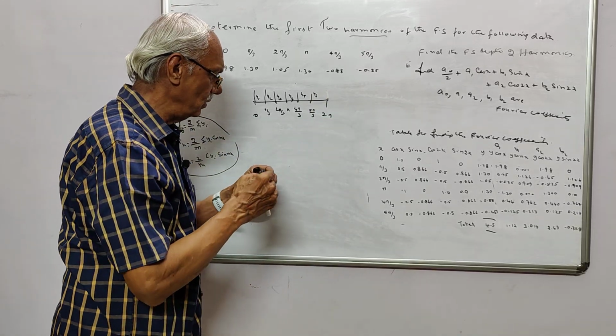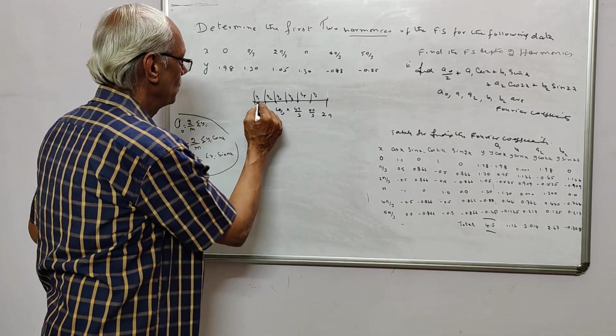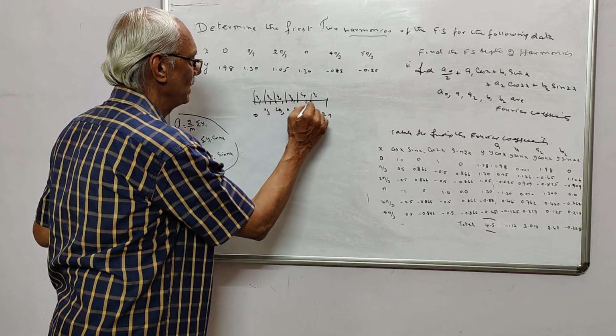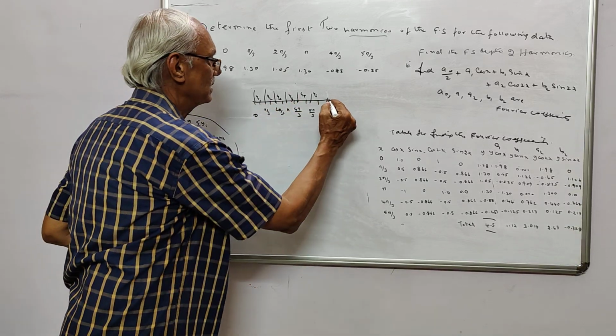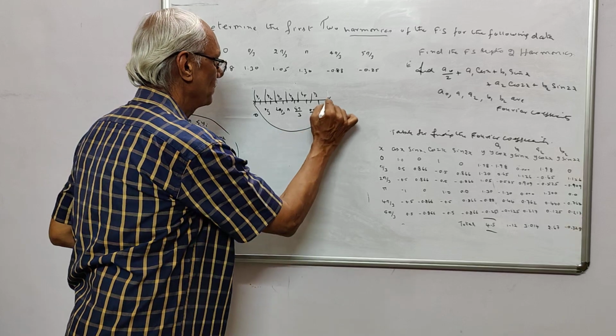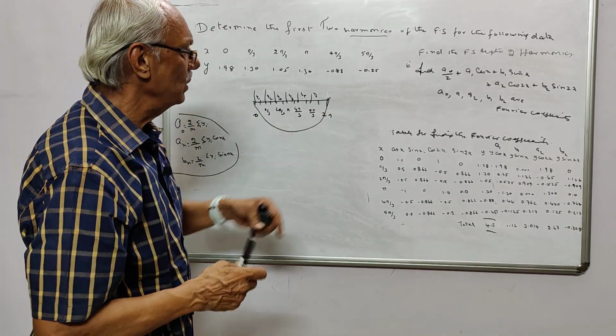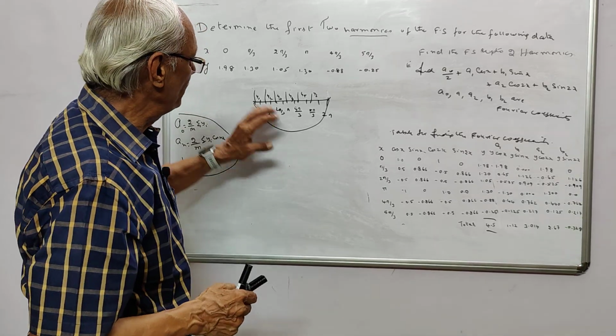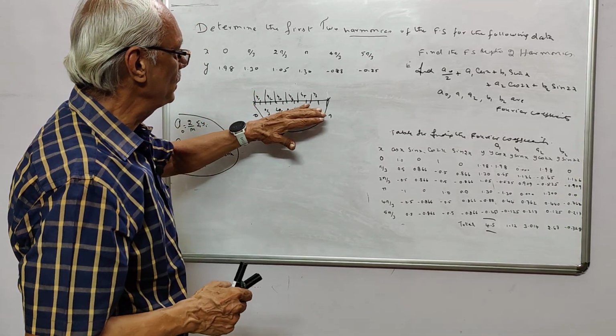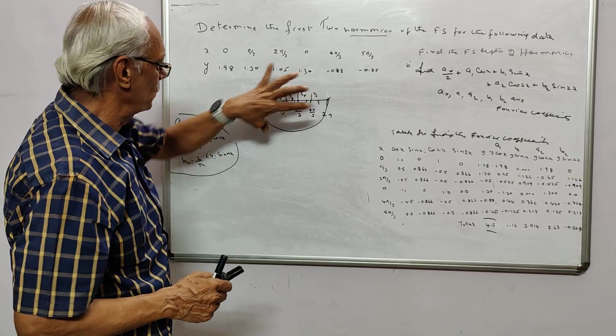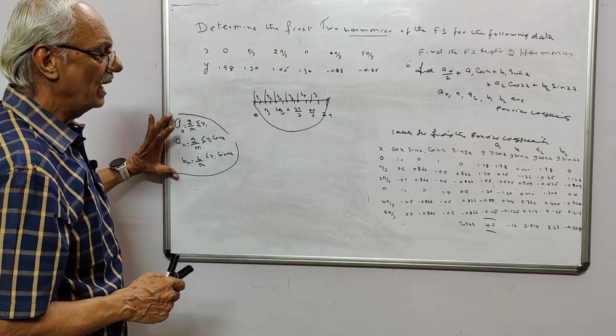So it is divided into 6 equal parts, 1, 2, 3, 4, 5, 6, and it ends here. So 0 to 2 pi is your interval, divided into 6 equal parts, and at every point you have y1, y2, y3. We use the trapezoidal rule and thereby we arrive at this.